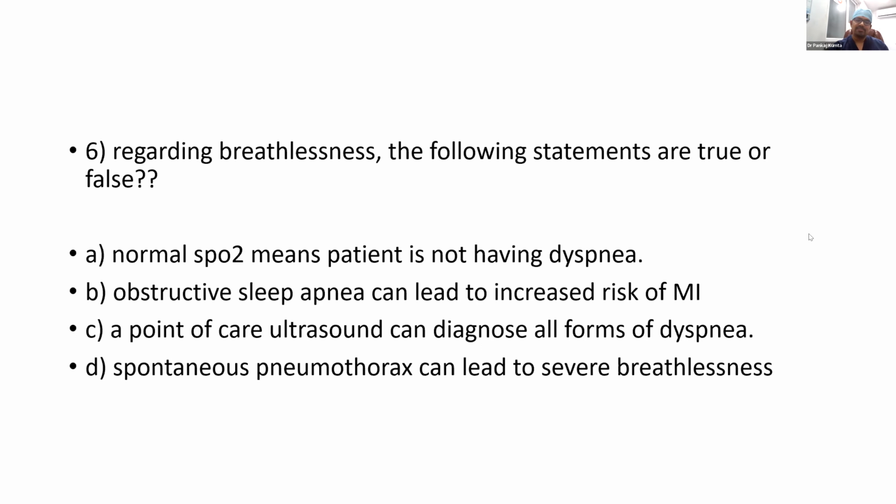Okay. C, point of care ultrasound can diagnose all forms of dyspnea. See, I think for C, someone has written false. A point of care ultrasound can diagnose reasonably well. I would say it diagnoses most forms of dyspnea, because in the ICU, what do we usually look for? The most common causes could be cardiac or an MI.